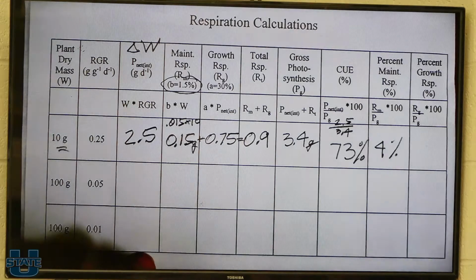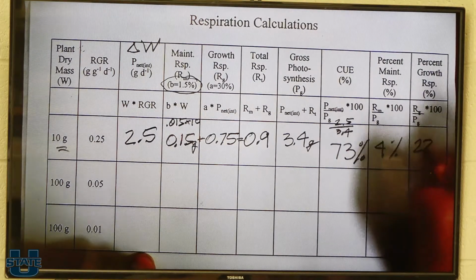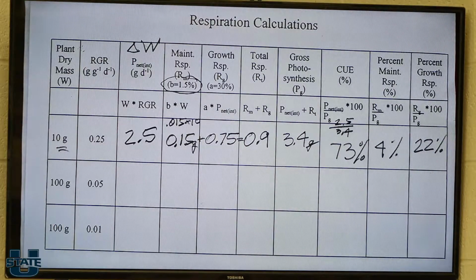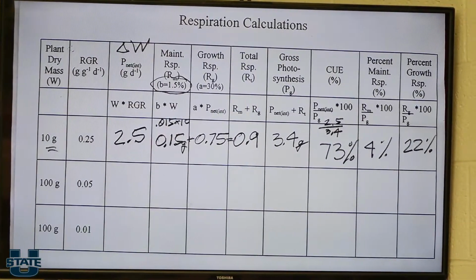And the other one, growth respiration, comes out to be 22% for this plant. This is an example of how we can model and separate growth and maintenance respiration and calculate how plants are doing in a more detailed way, depending on what they're making.